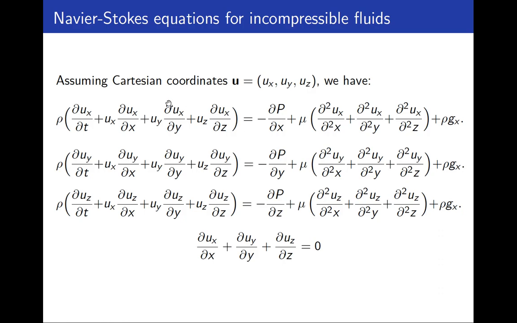They are very complex because we have temporal derivatives, spatial derivatives, and non-linear terms, because we have a multiplication of the variable by derivatives of the variable. Then we have another term, the pressure gradient, a derivative of the pressure, and then a Laplacian, that means a second derivative of these variables.